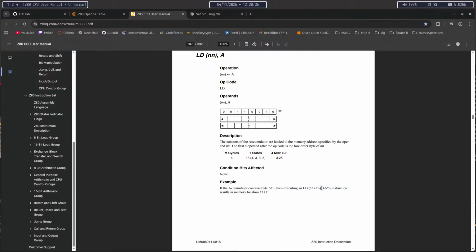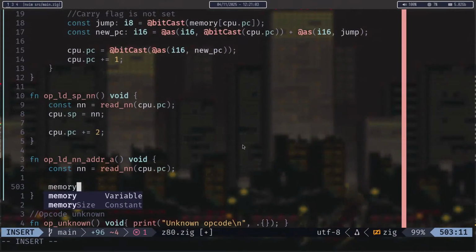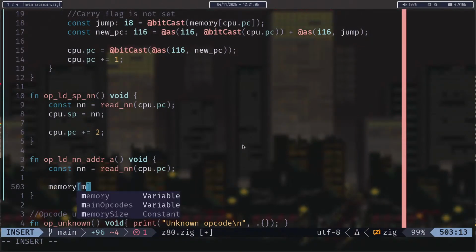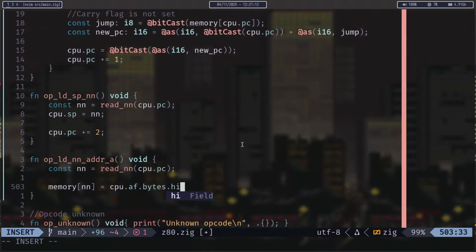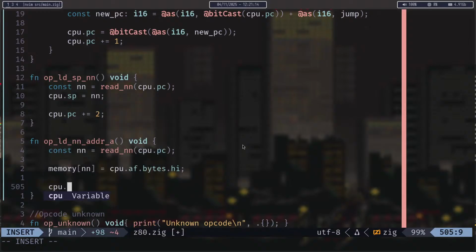If the accumulator contains byte D7, then execute LD. Instruction results in memory location 3141H. Are loaded to the memory address specified by the operand. Yeah. The first N operand of the opcode is the low order byte of an N. Wow, I might be getting this all wrong. Hopefully not, but. So memory NN equals CPU dot AF dot bytes dot high. And then CPU dot PC plus equals 2.